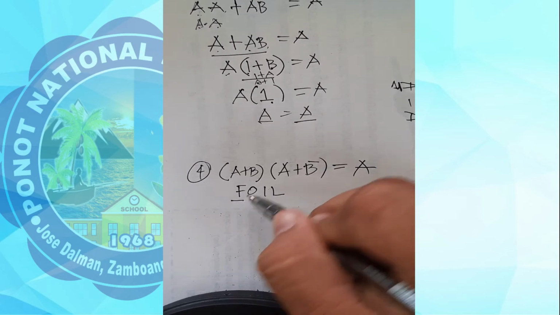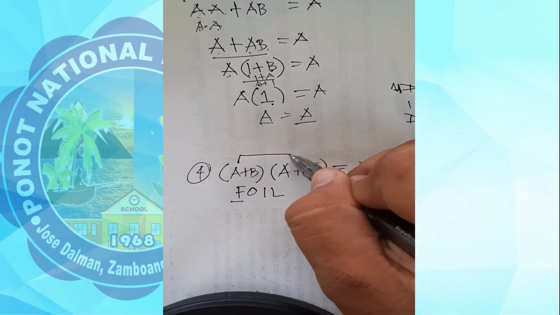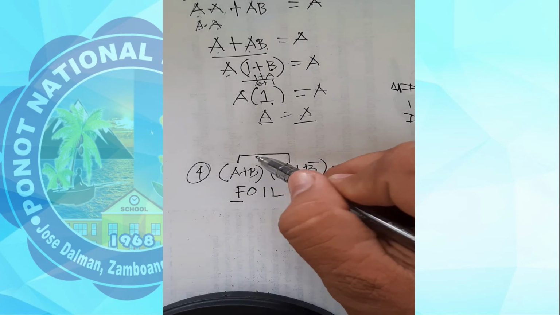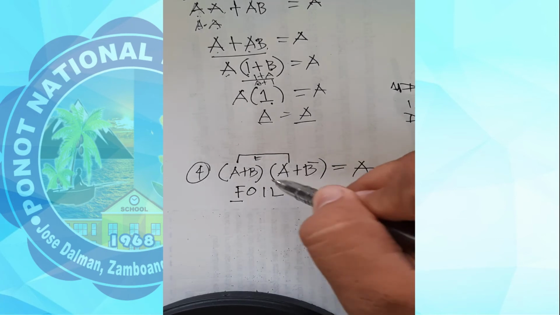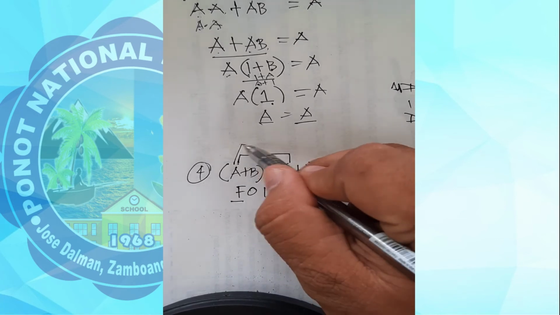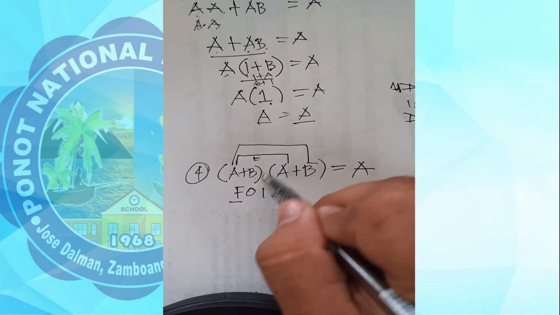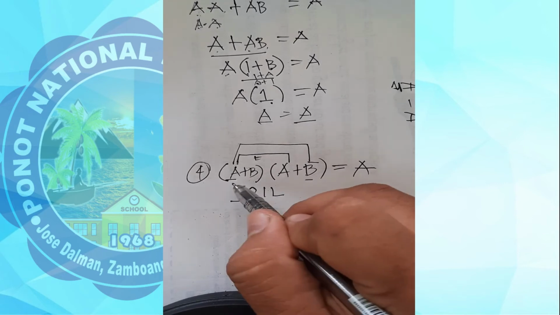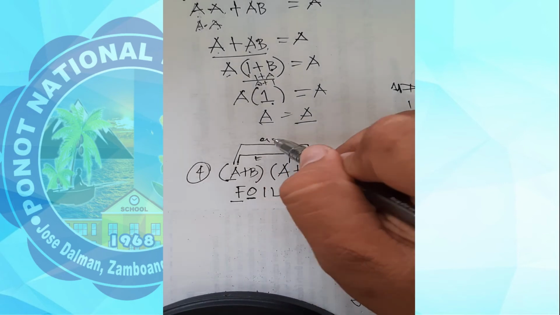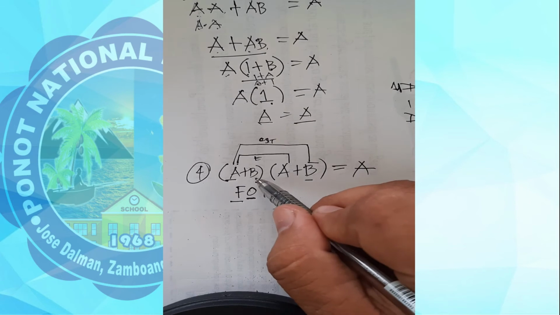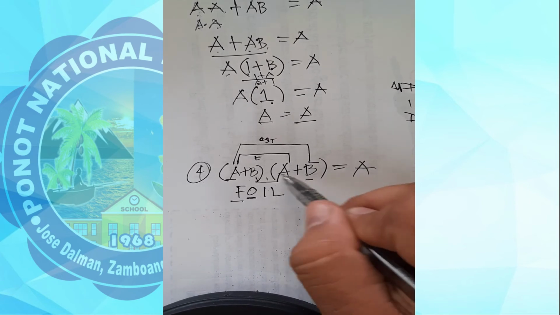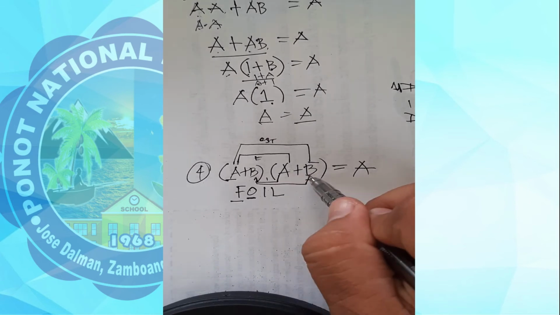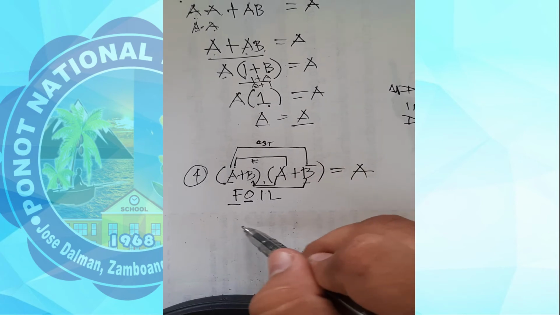The first term, this is our first term. Then, the outer terms, both sides, that is the outer. Then, the inner, and the last. Okay? So, let us rewrite this one.